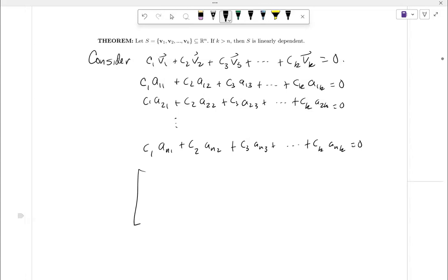And now we see, hopefully, our homogeneous system. What did we say we were trying to solve for? The A's or the C's? The C's, right? So I can make my coefficient matrix this way. That was our coefficient matrix, isn't it?